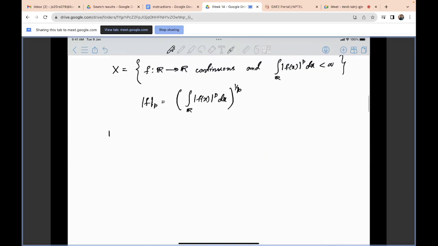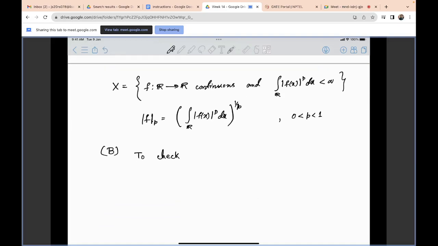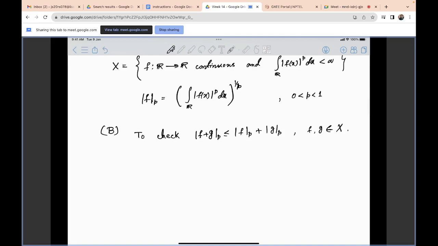Oh, and one important thing: p is between 0 and 1, so p lies in (0,1). We have to check whether ||f+g||_p is less than or equal to ||f||_p + ||g||_p, where f and g are in X. So we'll show that this is not true.